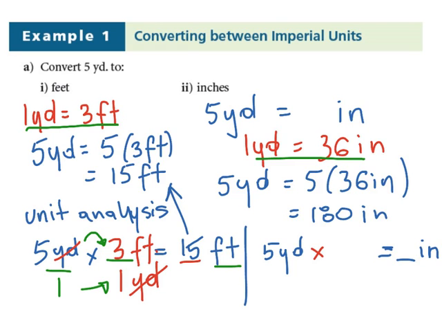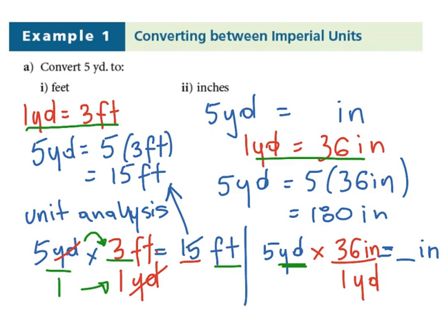The way we see it is that on the left-hand side right here we have yards. We have to have yards canceling out. So we have to put 1 yard in the denominator, while the 36 inches in the numerator. And since we're looking for inches, we have to have inches in the numerator.